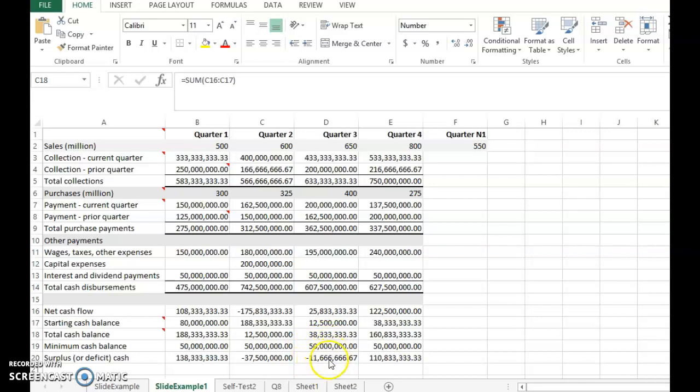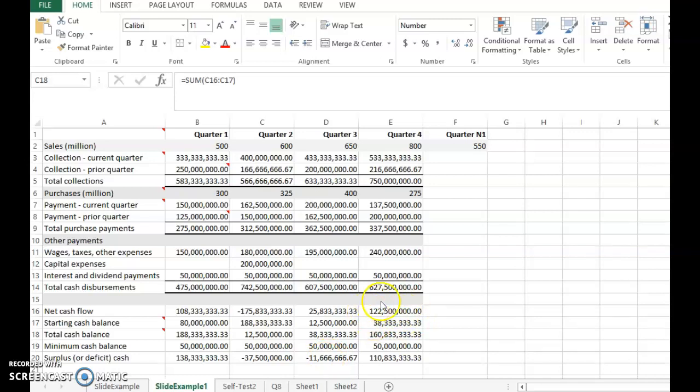Therefore, you have a deficit. This minus this, you have negative 11.67 million roughly. Alright, so you know that there is a deficit of this much in the second quarter, and if this deficit is not addressed in this quarter, you will have another deficit of 11.6 million in the third quarter.